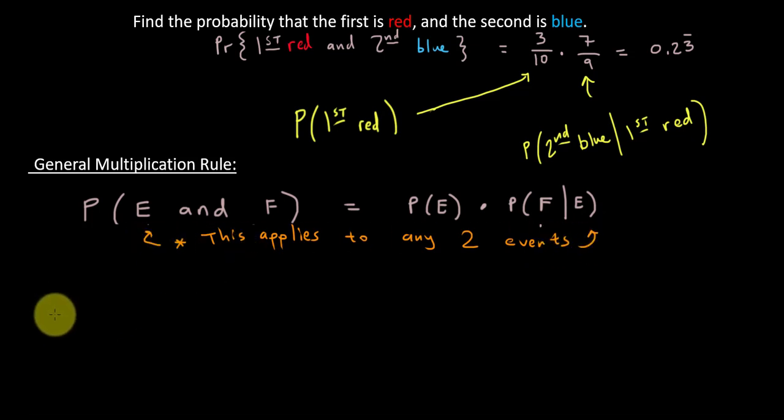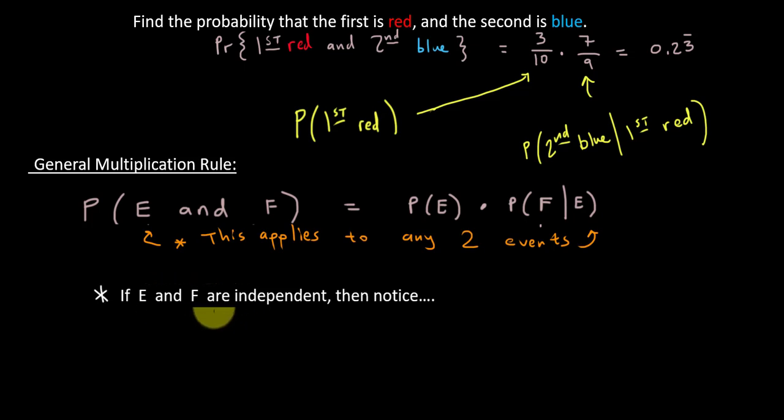However, there's a really cool connection if the events happen to be independent. If our two events of interest are independent, then notice that this quantity, the probability of F given E, that's this business right here.